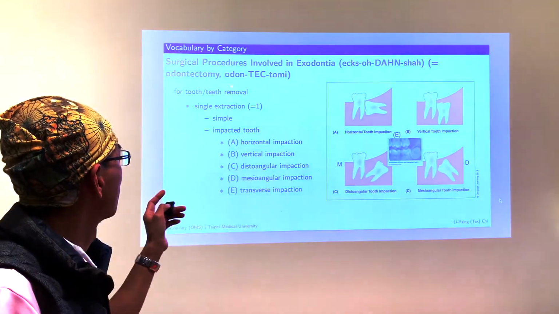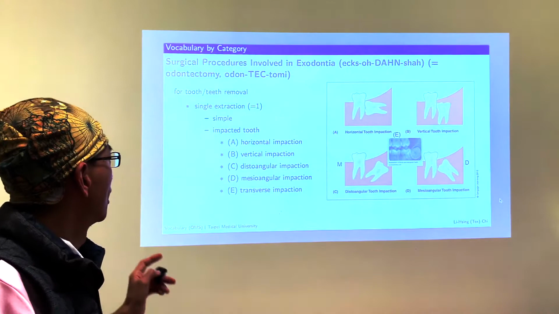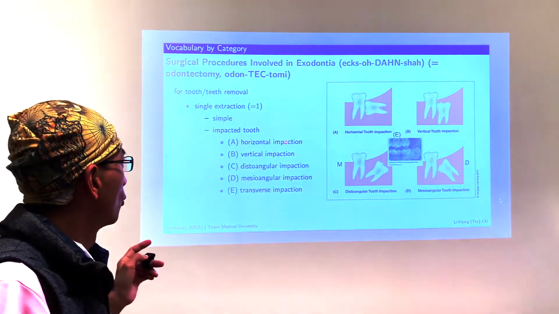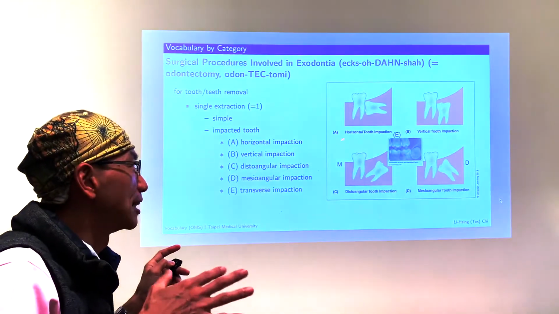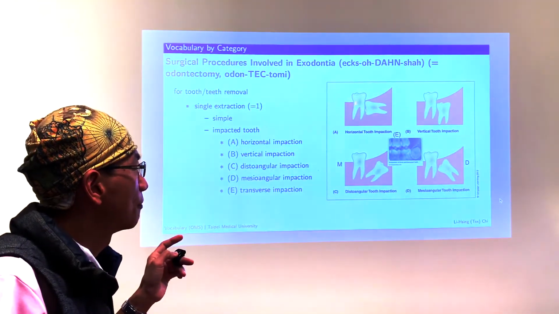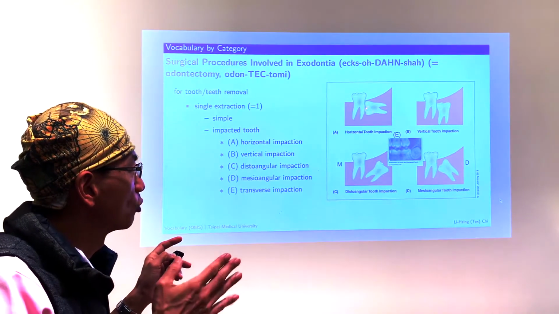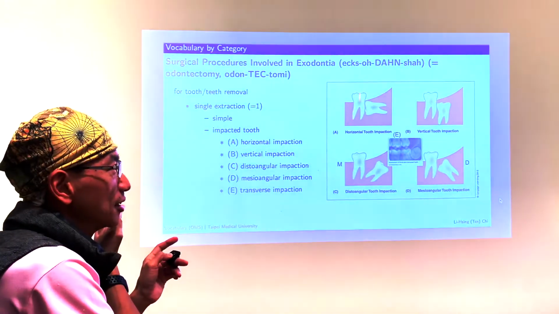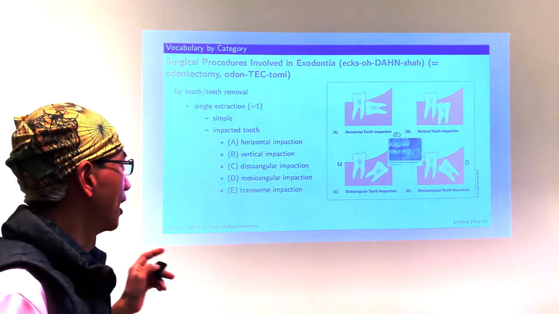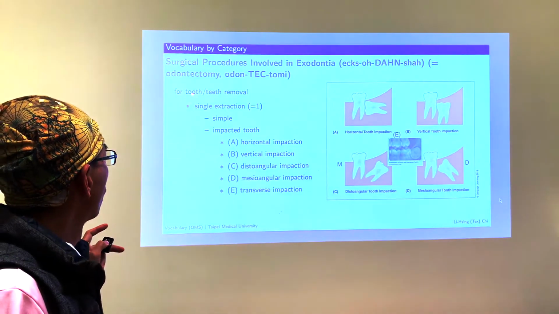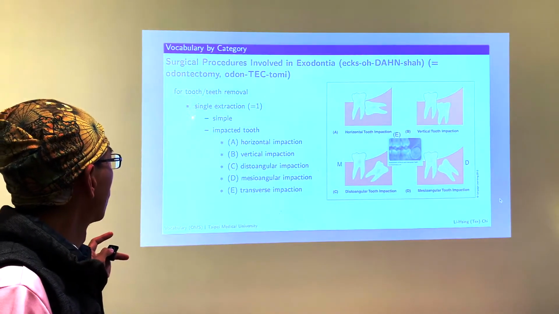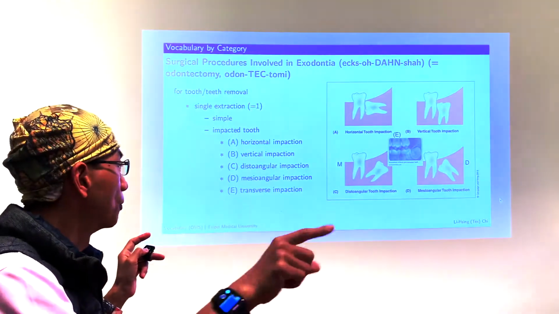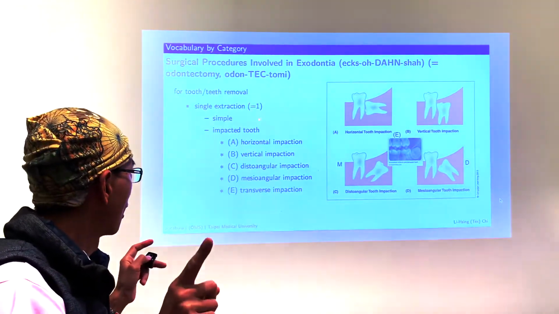Okay, odontectomy, exodontia. For example, the wisdom teeth surgery, we have several kinds of situation of the teeth. This is the second molar, the third molar of the patient, for example, left side lower posterior teeth. If it is one tooth removal, a single extraction, it means removing one tooth at a time.